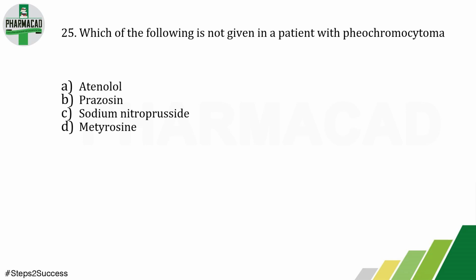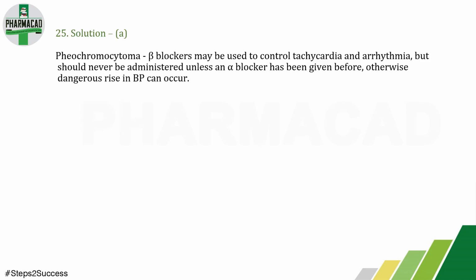Next question. Which of the following is not given in a patient with pheochromocytoma? So the options here are atenolol, prazosin, sodium nitroprusside or metirosine. So the drug which is not given in a patient with pheochromocytoma is atenolol.